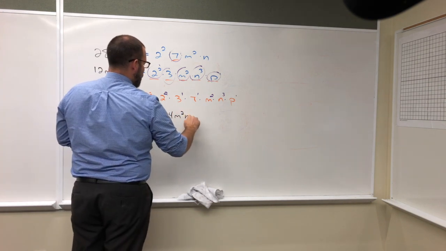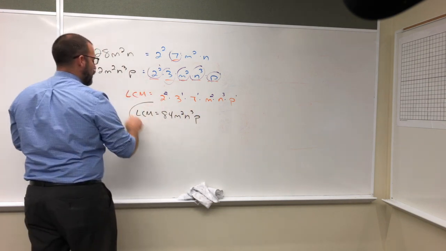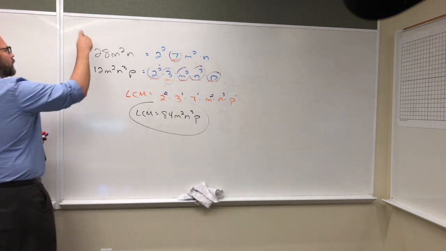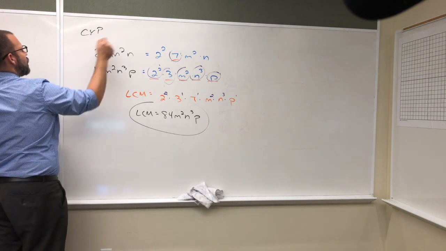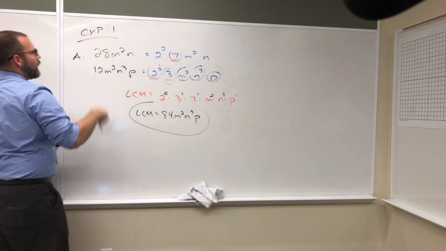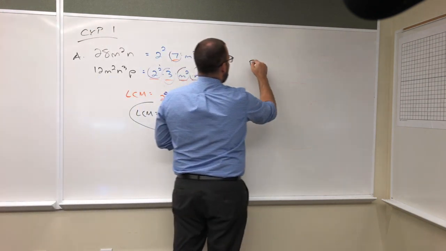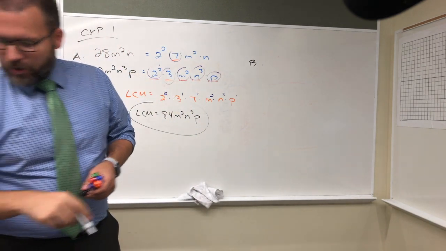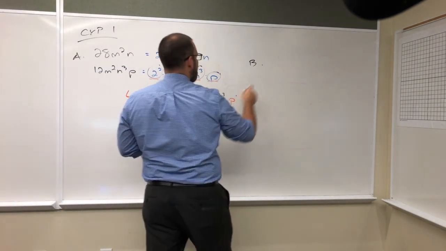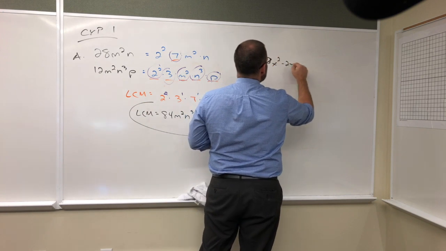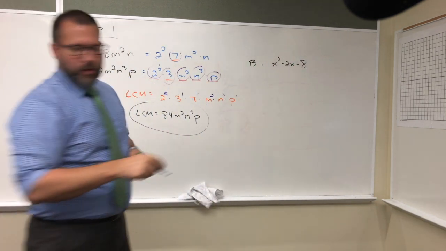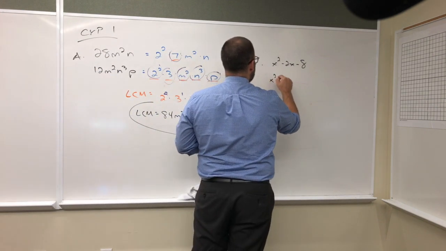M squared n cubed p. And so there is our LCM. That was Check Your Progress 1A. 1b gives us some trinomials, x squared minus 2x minus 8, and x squared minus 5x minus 14.